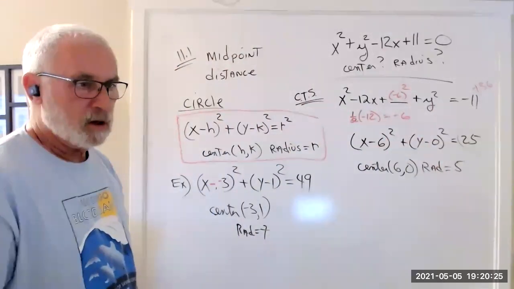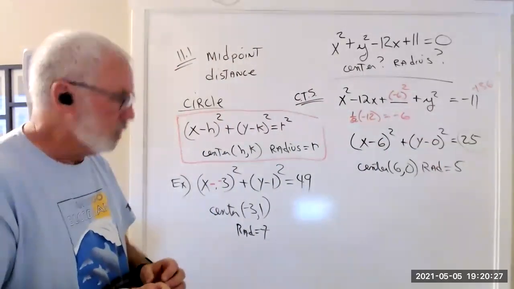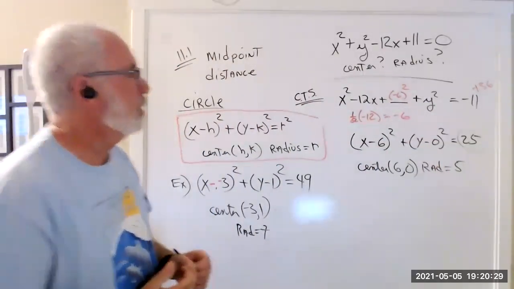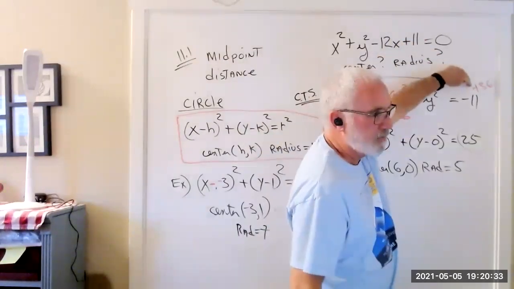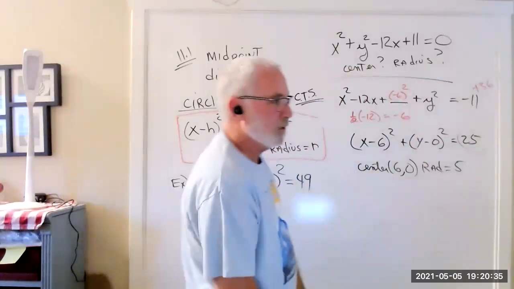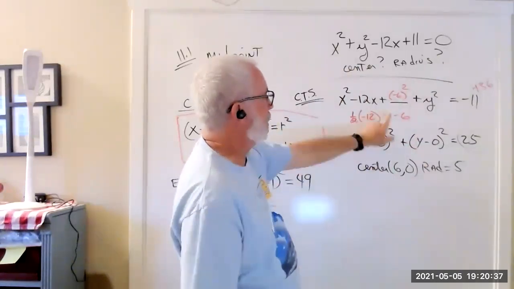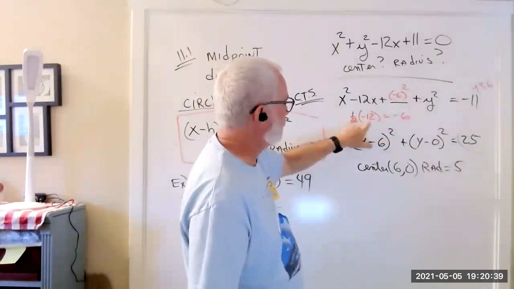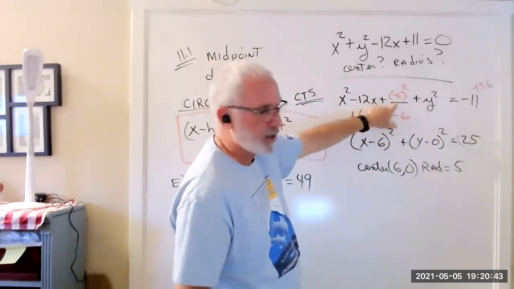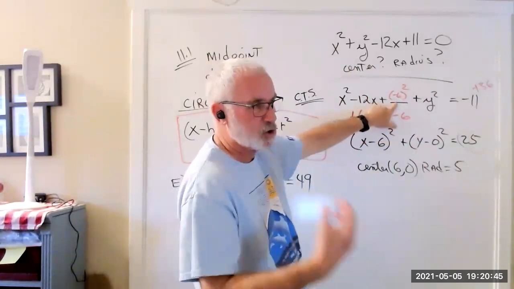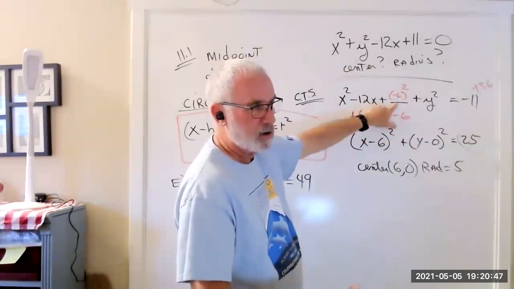Sorry, just a stupid question. How did you get the 25? Do you understand where this 36 came from? No, not really. When you take half of negative 12, you get 6. But in the blank spot, you put negative 6 squared. Oh, and then you have to add it to the other side.